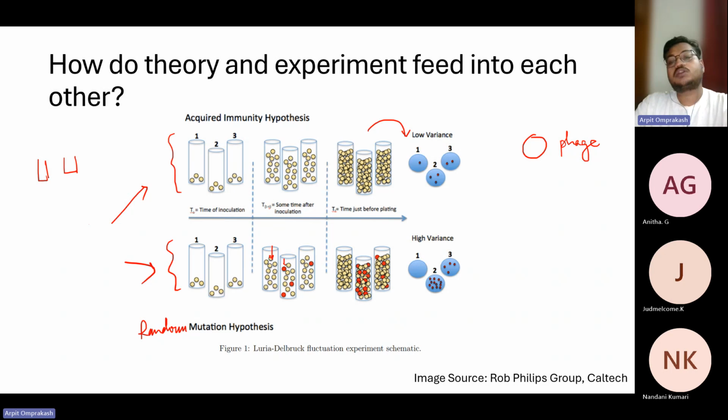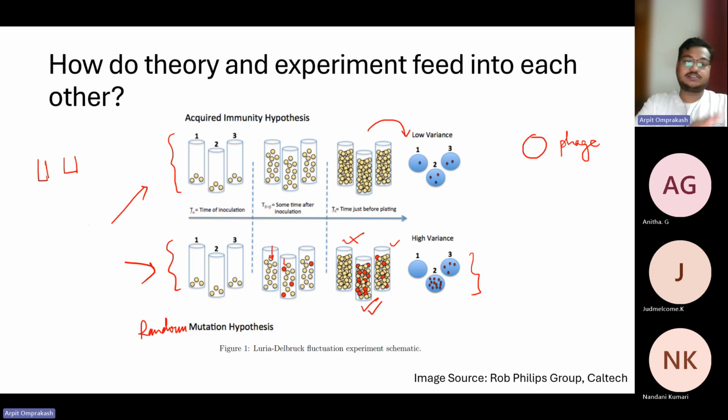So once we do inoculation and plate it on different plates having phage, we'll have very high variance, because some of these inoculates will not be resistant at all, some of them will have very high resistance, and some might have medium resistance because of the number of bacteria that already have the pre-existing mutation. So we should see a very high variance in the count of cells in each of the plates.